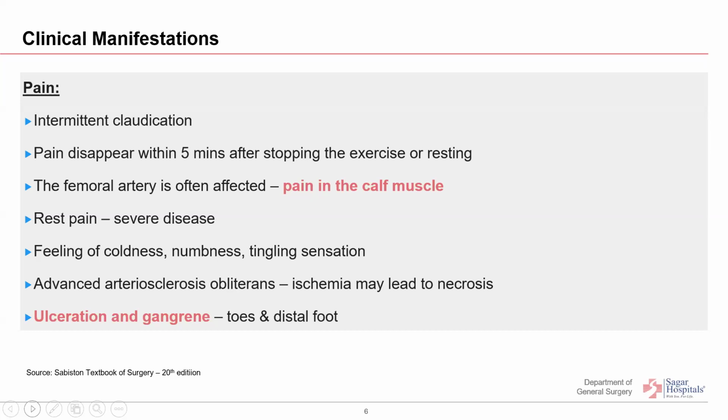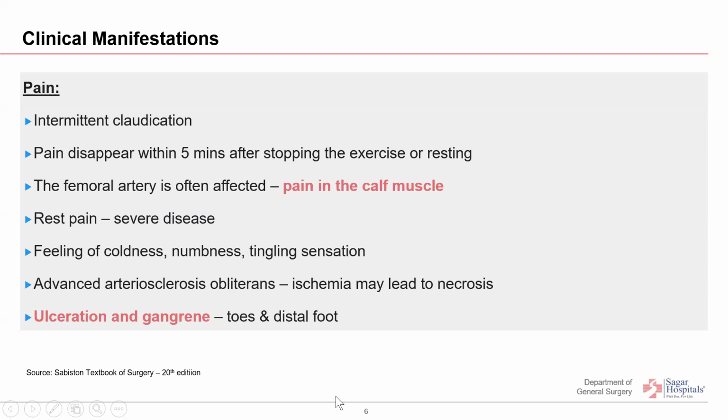And along with pain, the patient will have tingling and numbness sensation, and that entire limb will be cold compared to the normal limb. And in advanced stages, because there can be changes of ischemia, you will see small ulcerations, and then it can even progress to gangrene.